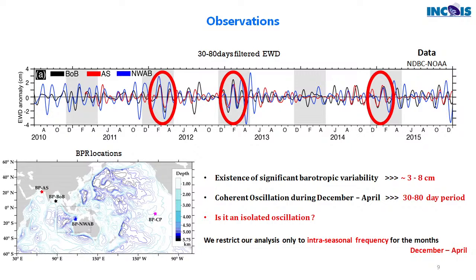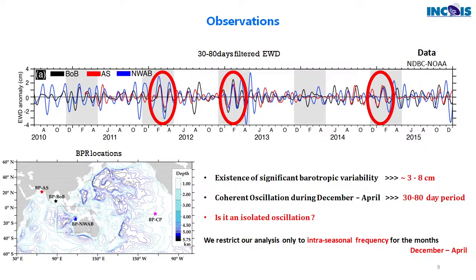These BPRs were deployed in the Indian Ocean from 2010 onwards, and there are huge problems, huge drifts, because these are deployed in the central oceans or the deeper oceans, so it is very hard to process. Processing takes a lot of time to get proper signals out of it.